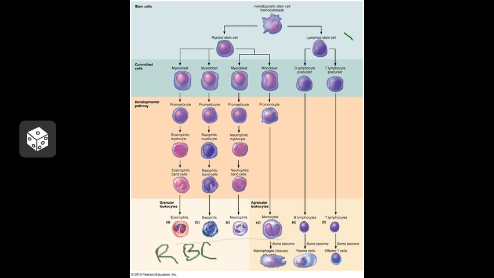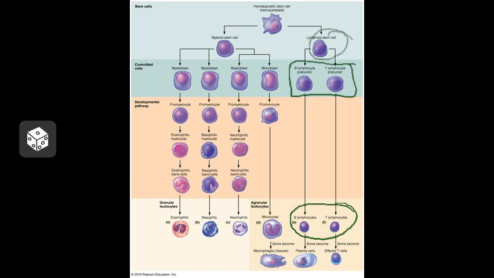Now, the lymphoid stem cells are what differentiate into the lymphocytes, both B and T cells. So you can see them here. We'll talk about the white blood cells in more detail in a little bit, but let's go into some detail about the red blood cells.